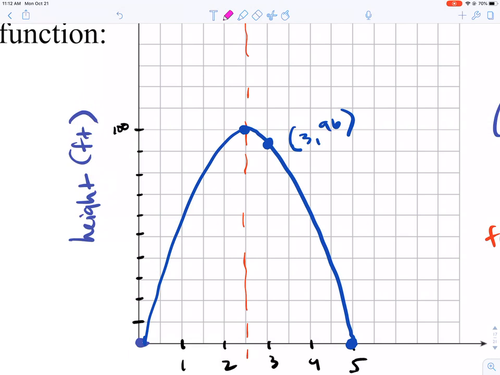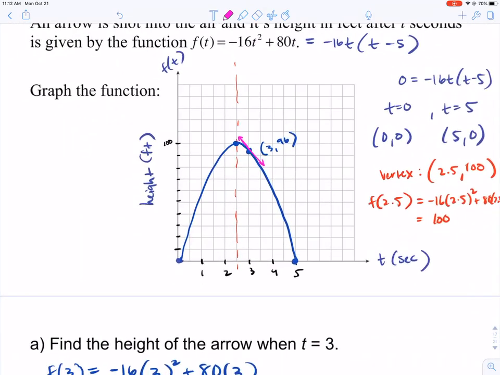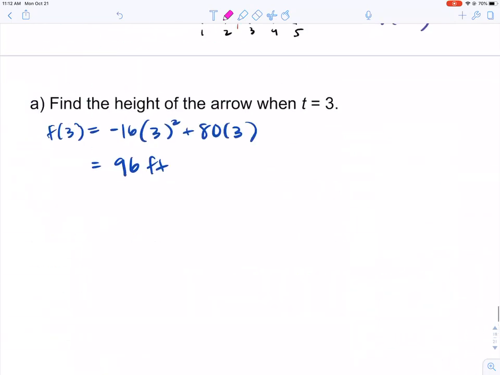So the slopes of the tangent lines correspond to the velocity of the arrow. So we've determined that at t equals 3 seconds, the tangent line had a slope of negative 16.